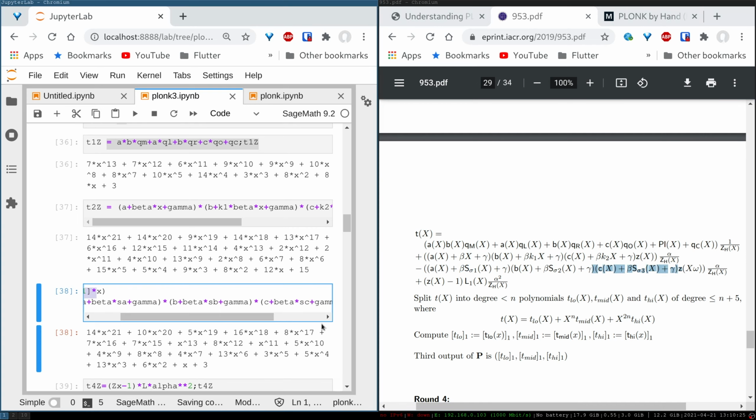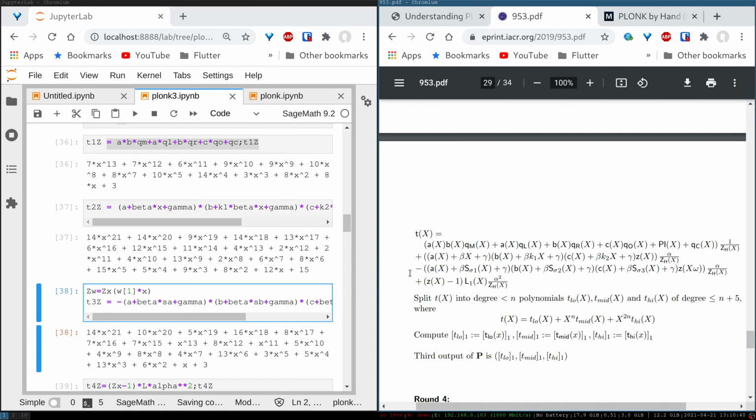So it's our term here. And finally, we multiply the whole thing by SZ of WX. So that's this term. And then again multiply by alpha. So that's our third term.